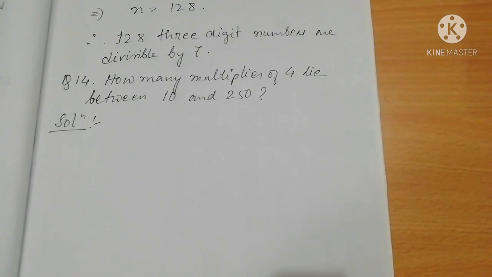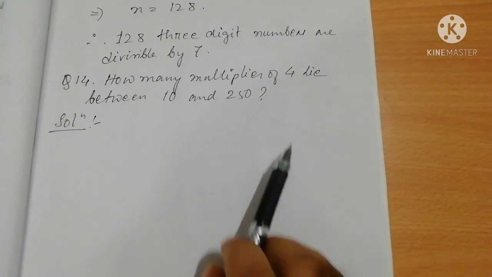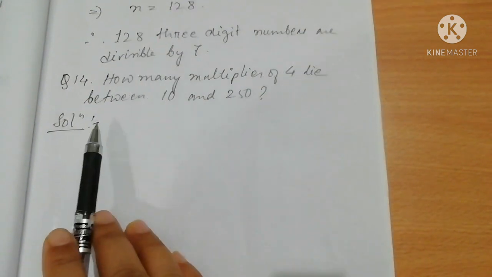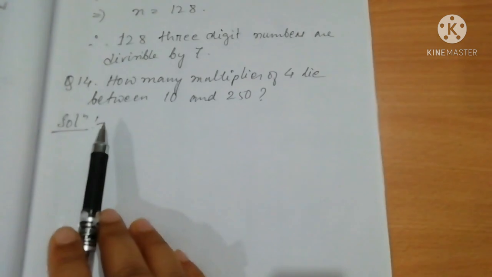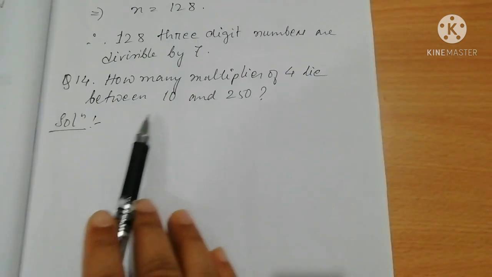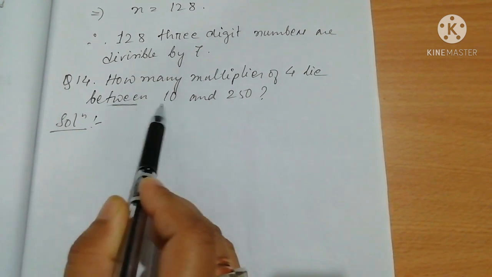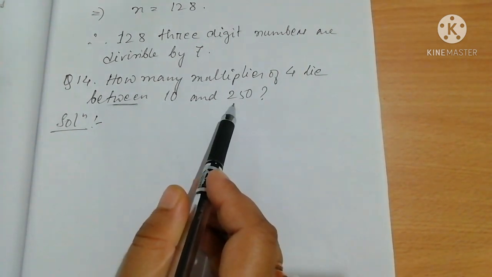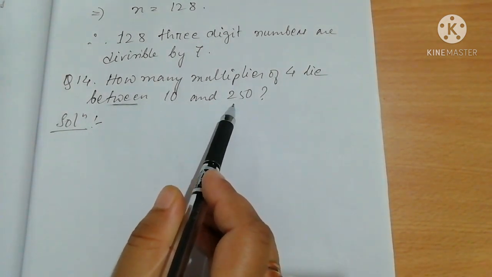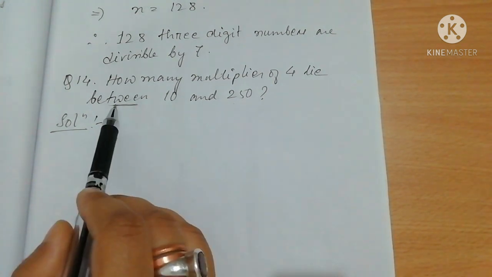Next, question number 14. How many multiples of 4 lie between 10 and 250? It's said here between 10 and 250. So we'll try to understand this between.